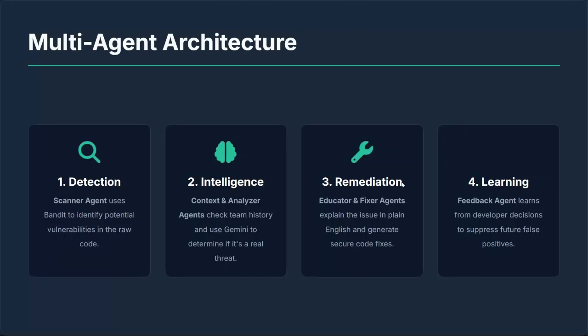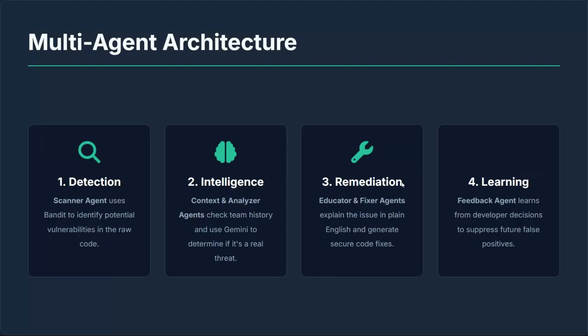The proposed solution for this is a multi-agent architecture with four different specific layers. The primary layer is the detection layer, where the scanner agent uses Bandit, because we are predominantly targeting Python based code bases right now, to identify potential vulnerabilities in the raw code that the developers submit.